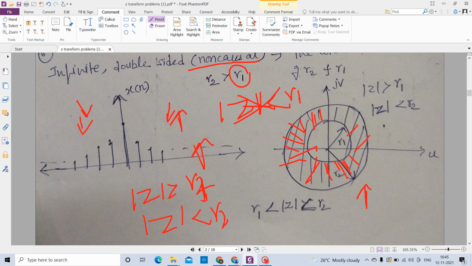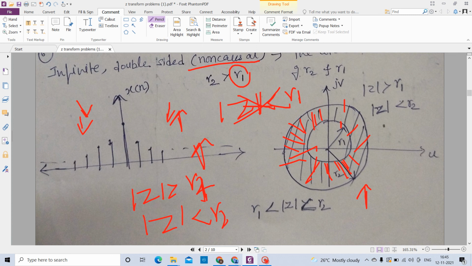So the region of convergence lies between the radii r1 and r2.